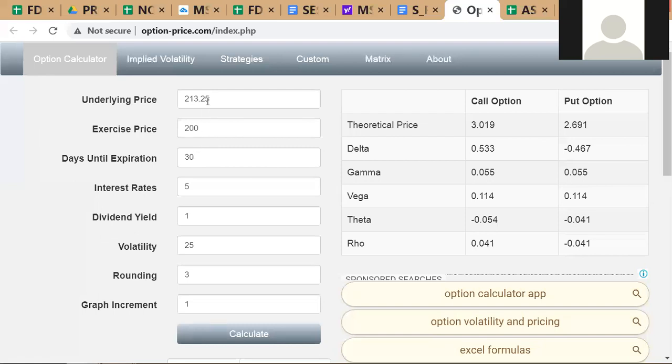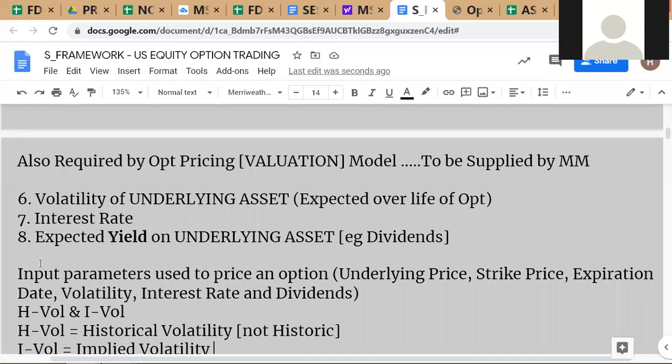These inputs are coming from the market maker, not the customer. The underlying price is also entered by the dealer. The customer specified what the underlying asset is, and the dealer will just look up the price.